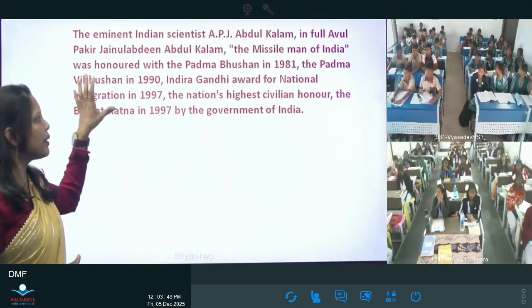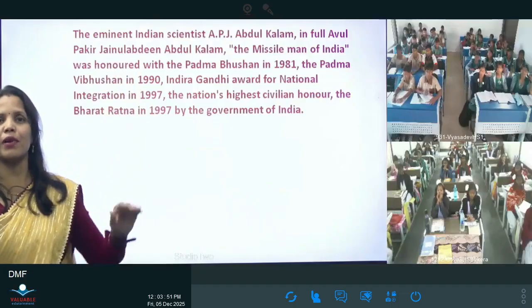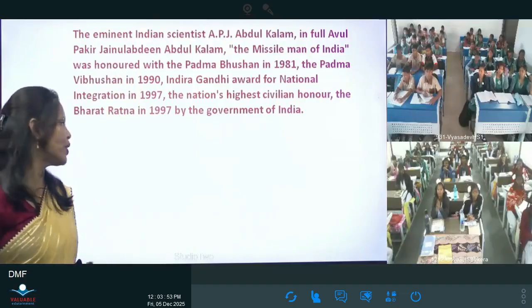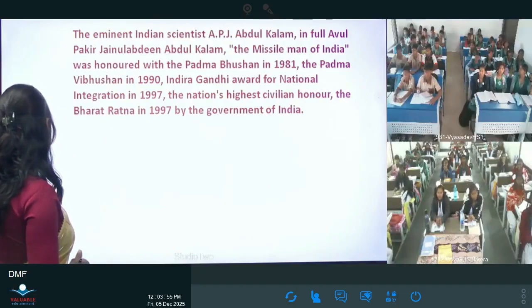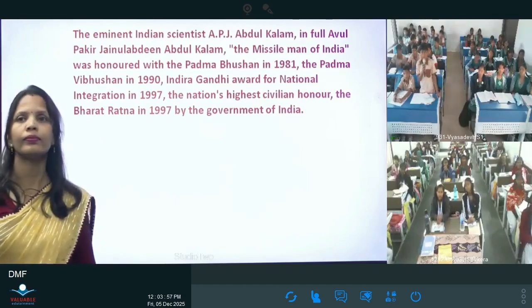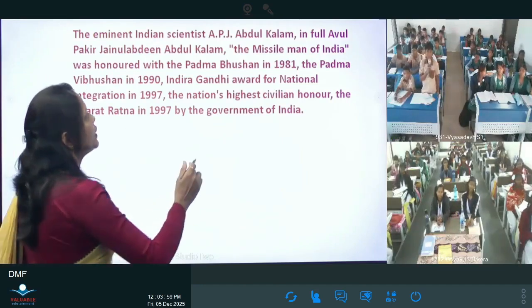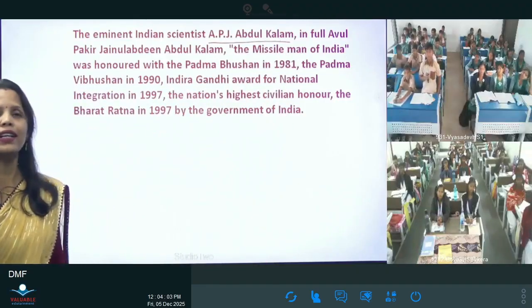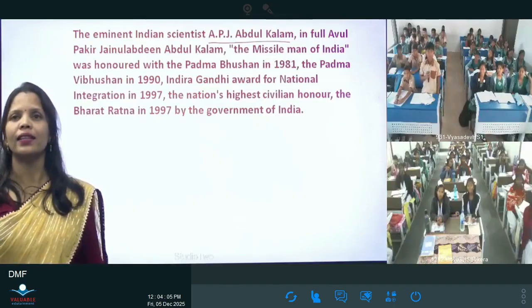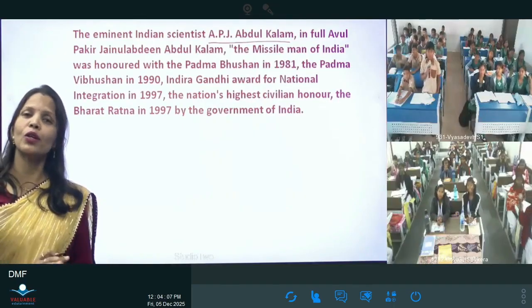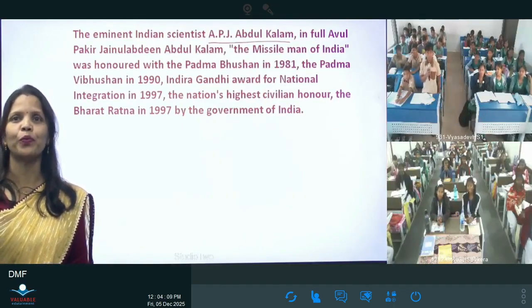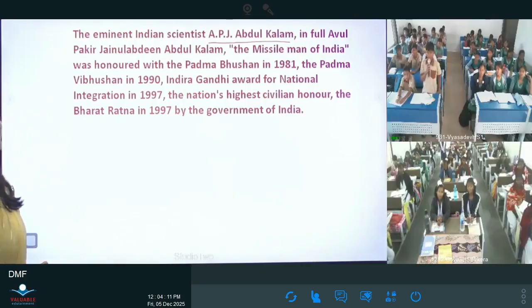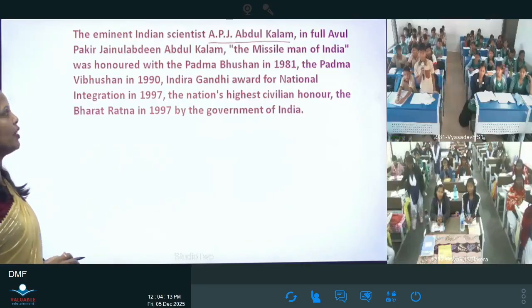Very good. Excellent reading, beta. So this passage or this line is about whom? Yes? APJ Abdul Kalam. Very good. This is about APJ Abdul Kalam. And what? The missile man of India.